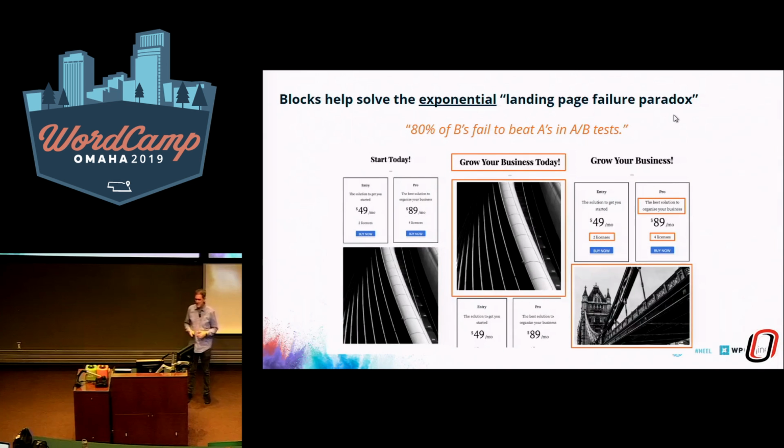What this teaches us, and of course we've learned this in the last 10 years with A/B testing, is that there is no perfect answer. If you've ever seen the show Mad Men on Netflix, the characters will all go out and get drunk and come back the next day and be like, this is the perfect answer. And what A/B testing tells us is that's actually not the way it works. We are terrible in our first idea, and we must iterate over and over and over again. So that's the landing page failure paradox.